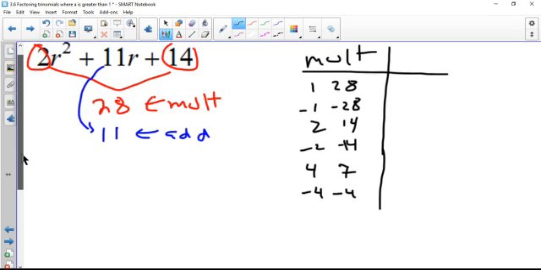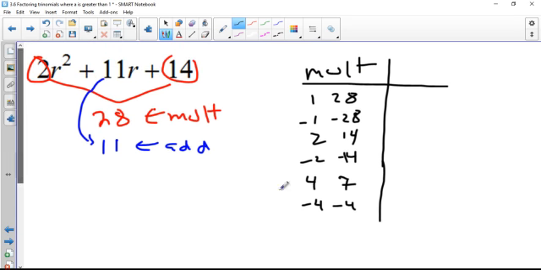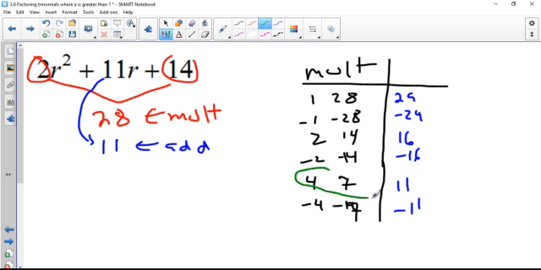After we do that, we'll flip back to getting the same results from the other side. So we're going to add these together. We're going to get 29, minus 29, 16, minus 16, 11 and minus 11, and yes, I realize that that should be a 7, and we were looking at trying to get 11, so there's our answer.